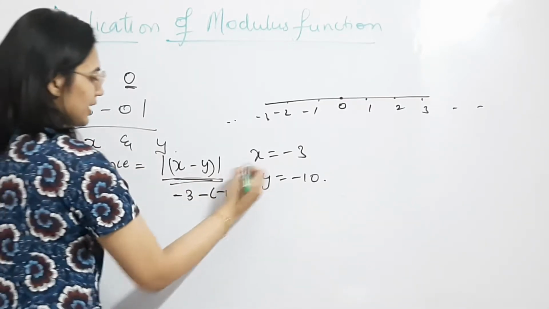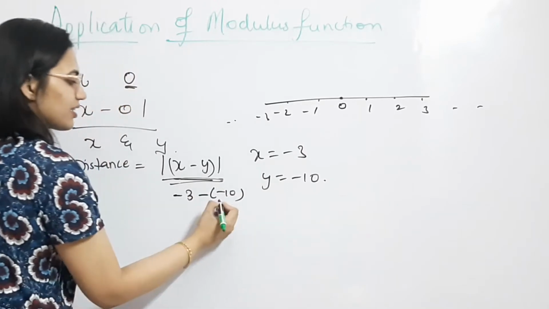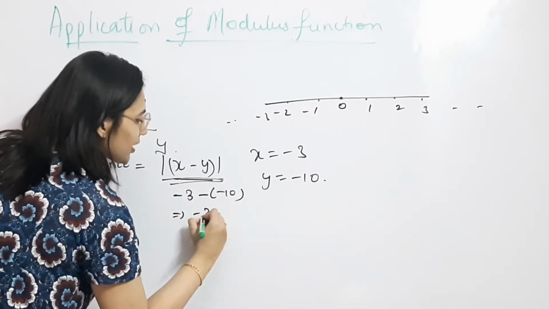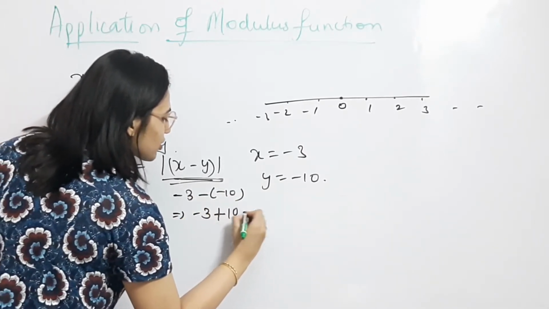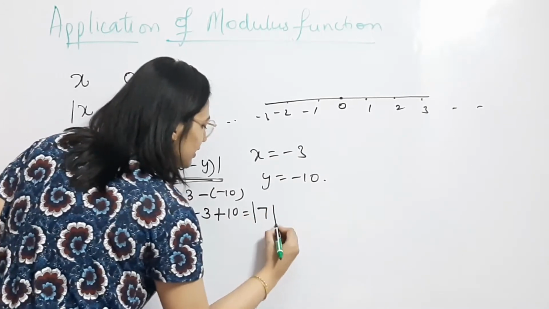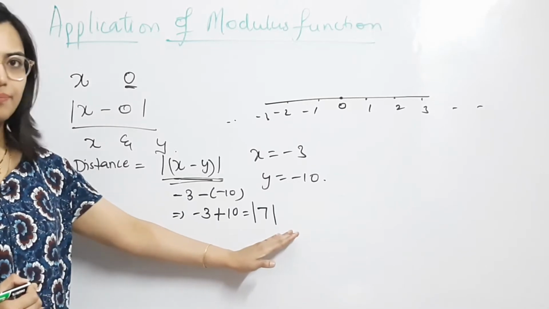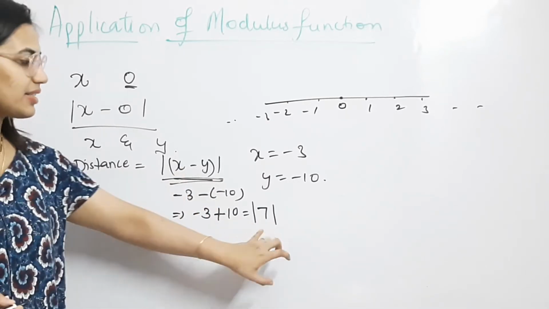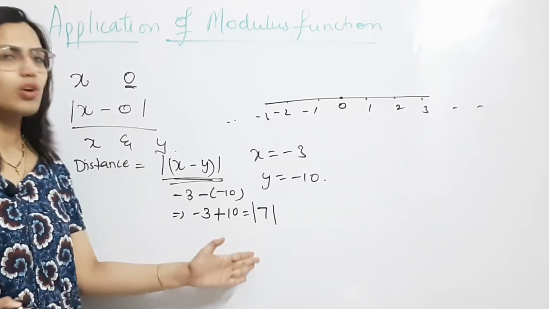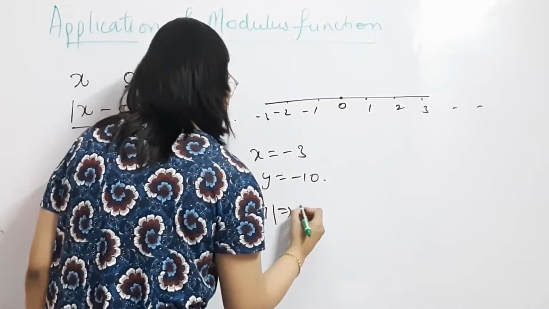So here x is minus 3, y is minus 10, minus of minus 10. So what do we get? Minus 3 plus 10, so we are getting 7 as the distance. Here x minus y is 7. So if you apply mod on a positive value, you will get positive only.